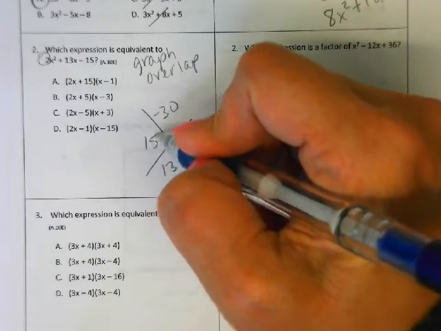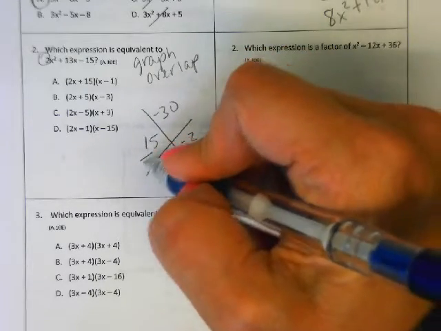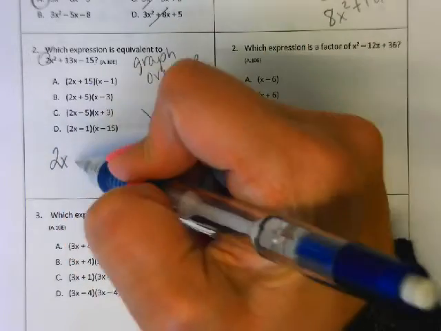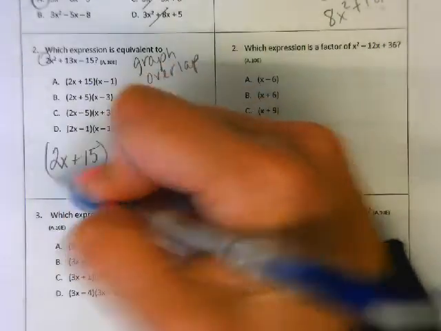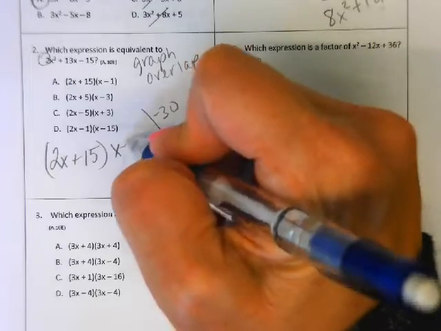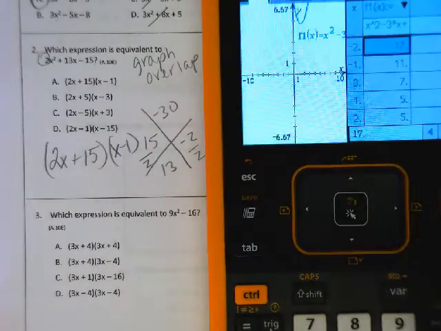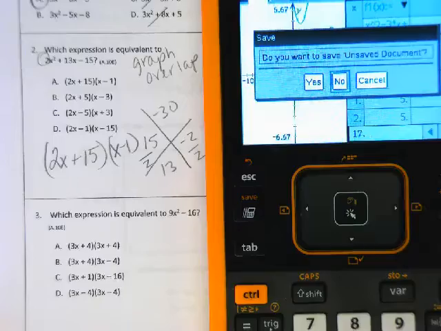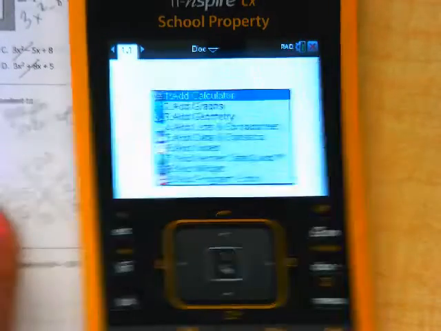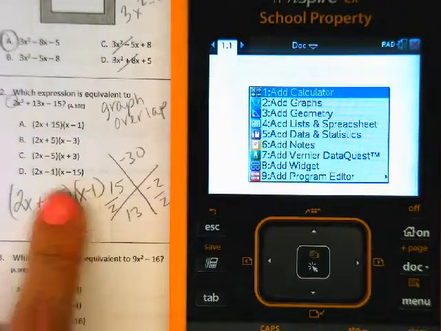This is going to be 15 and a -2, but then you got to do that whole divide by 2 thing. So 2x plus 15 and x minus 1. Or that graphing piece is probably easier for you if you're like, I do not remember this, Mrs. Ray. That's okay.